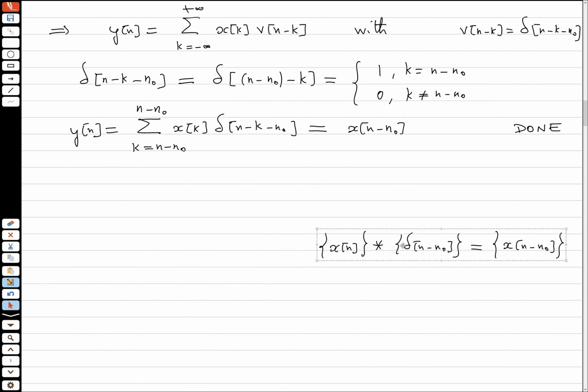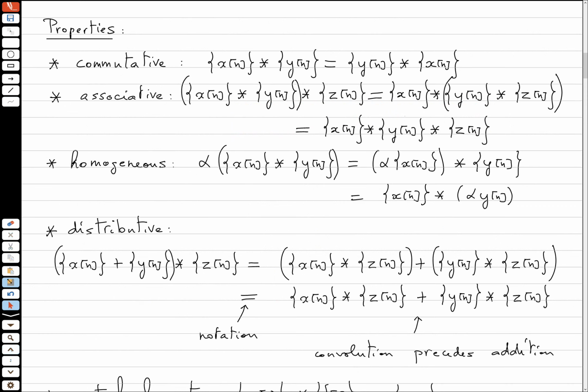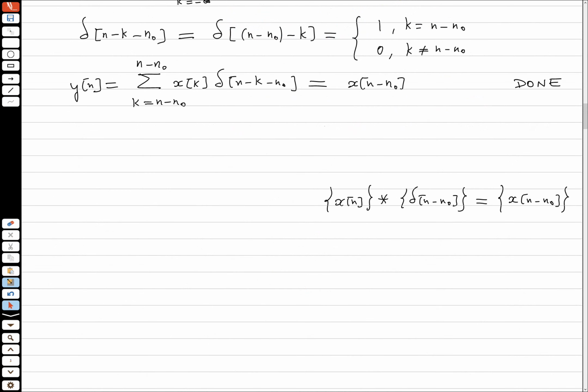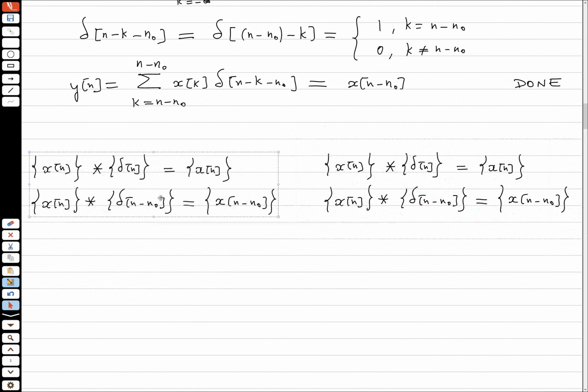I'm going to write down here what we just got. What we had previously were similar formulas, but we didn't have convolution. Instead, we had multiplication.